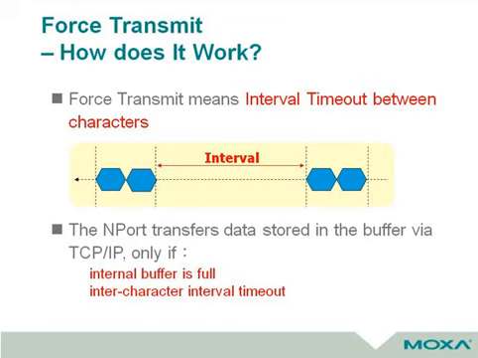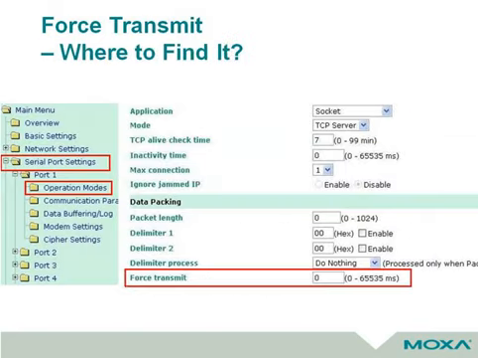For example, force transmit will calculate the interval time between these two parts of characters, and NPort will transfer the data stored in the buffer via TCP/IP only when the internal buffer is full or the internal character interval times out. Where to find it? You can set the function in serial port settings, operation modes, under force transmit.